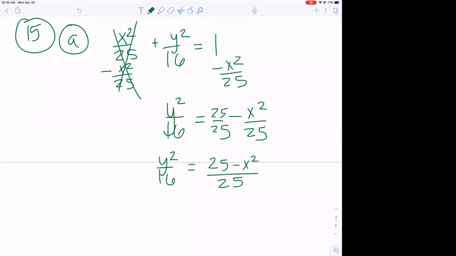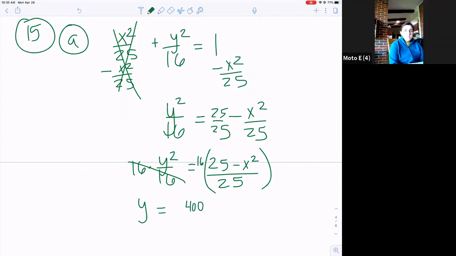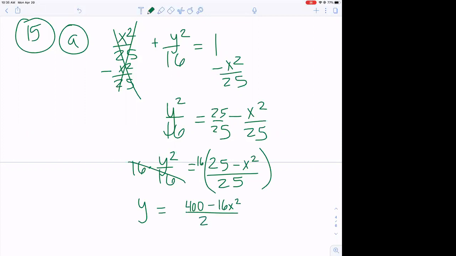And then we'd take this all times 16. And then we're going to have to root it. Isn't 16 times 25 like 400? That would make sense, but I honestly have no idea. I'm pretty sure it is.